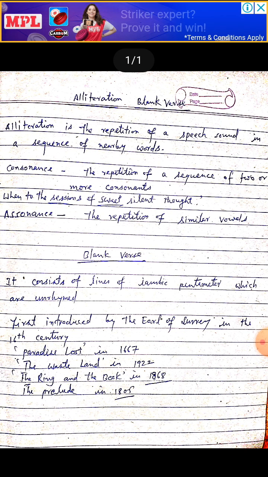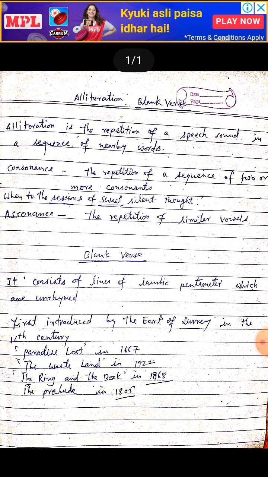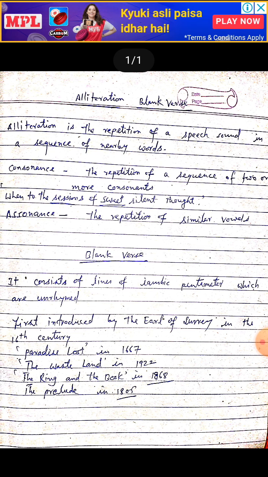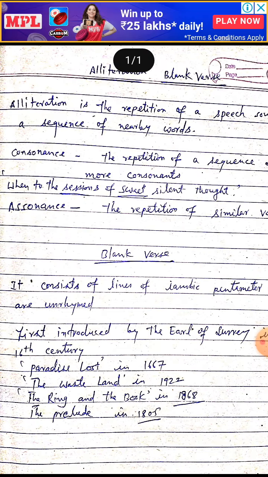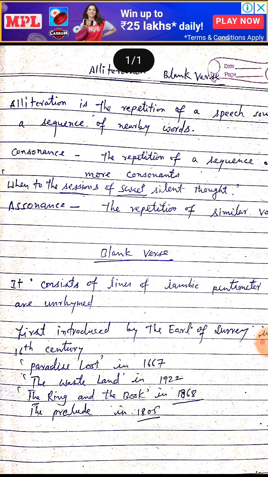Here the vowel sound in still, ravished, bride, quietness: I is repeated many times. So that is an example of assonance. So we can call alliteration the figure of speech which is divided into 2 parts: consonance and assonance.